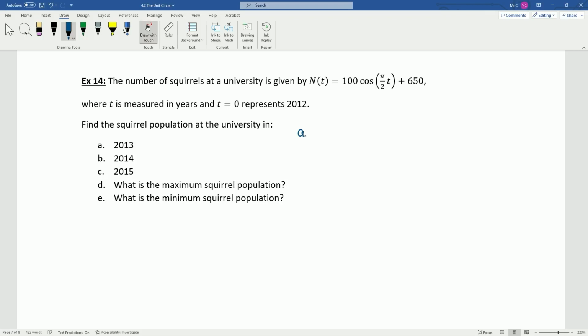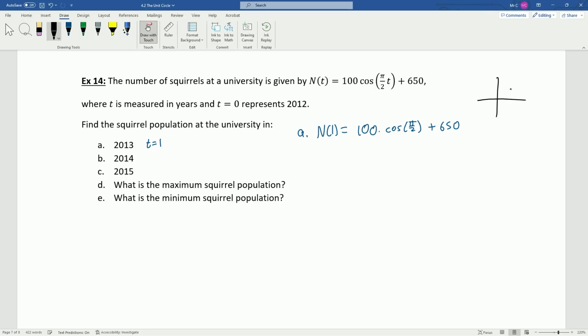Okay, so A is pretty straightforward, but we have to figure out what t is. If t equals 0 is 2012, then 2013 will be t equals 1. So when we plug in 1, we get 100 times cosine of pi over 2 plus 650.